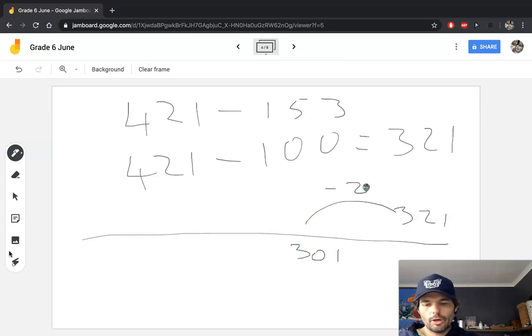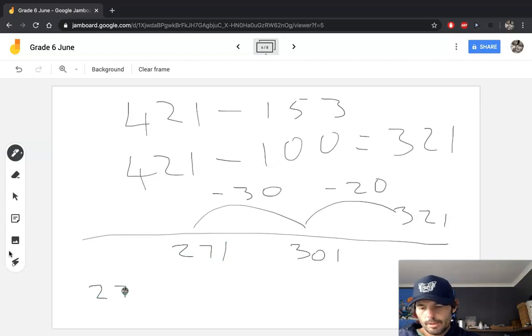And then I know if I go back 30 places from there, 300 minus 30 is 270. So 301 minus 30 must be 271. And then I just need to go from 271, subtract a further 3, and that's going to give me 268.